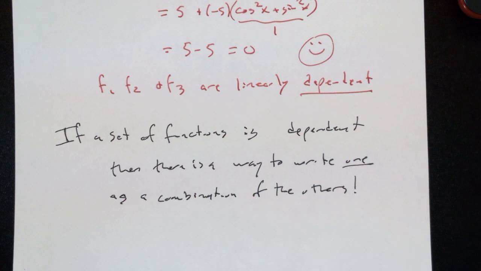But we had a test back in linear algebra. I could look at a set of vectors and I could do something and I could say this set of vectors is independent. This set of vectors is dependent.